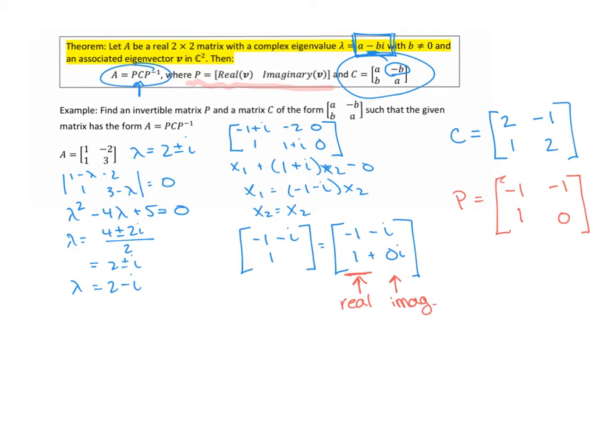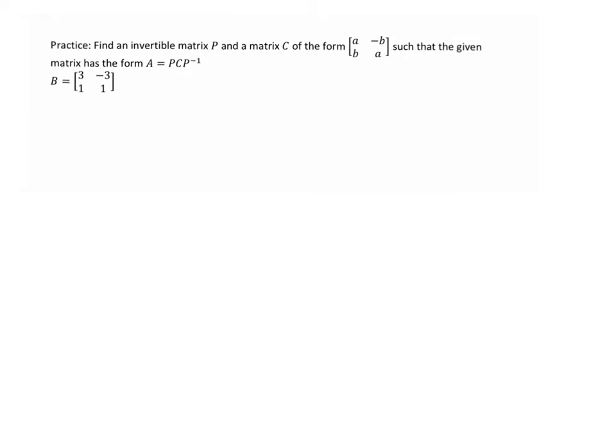So that's how we do one problem. So try to do the practice problem next using this as a guide, and I'll go over it in the next slide. If I look at the next problem, again, pause this if you haven't had a chance to try it. My answers, just so you can check, and you don't have to watch this part of the video if you don't want to: I got C as 2, -√2, √2, 2.